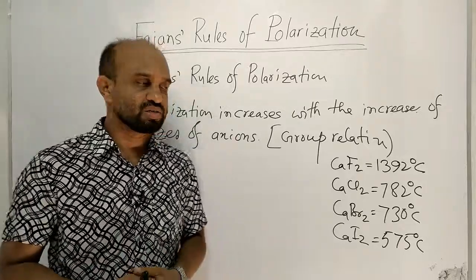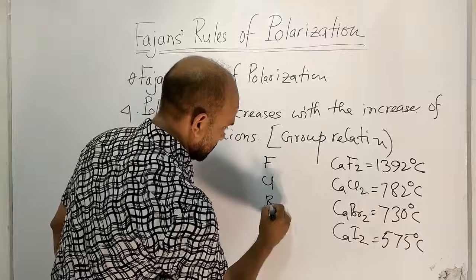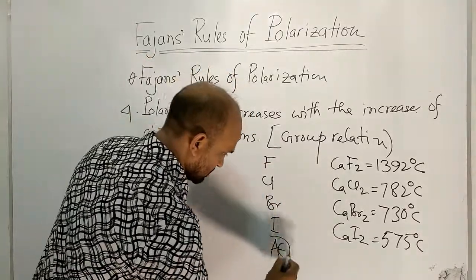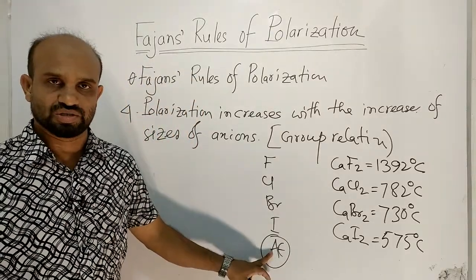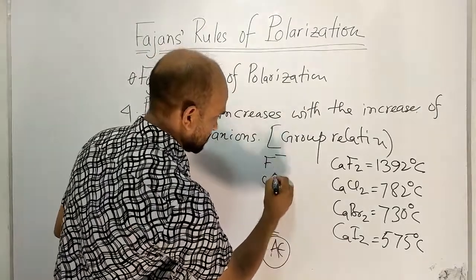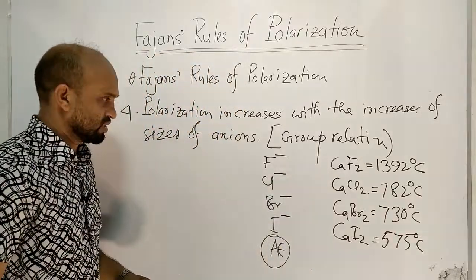Now let's take elements of a particular group, that is fluorine, chlorine, bromine, iodine, astatine. Astatine is a radioactive element, so it is kept out of consideration. They form unipositive ions.